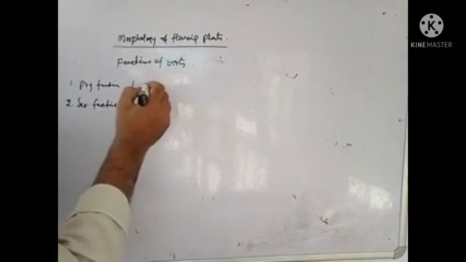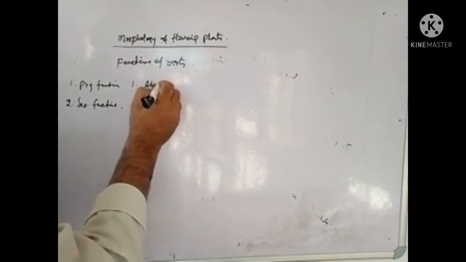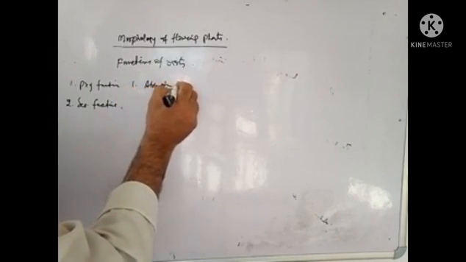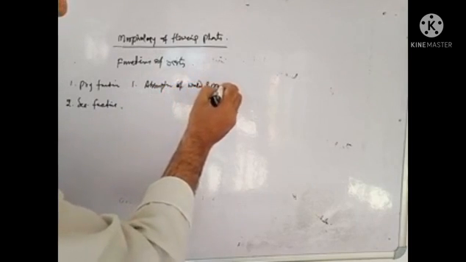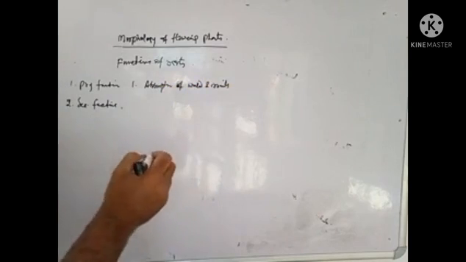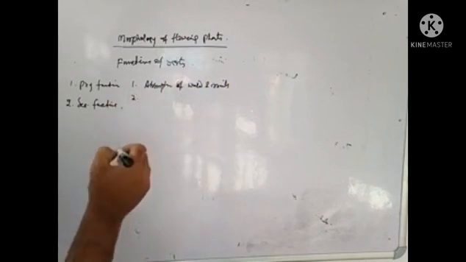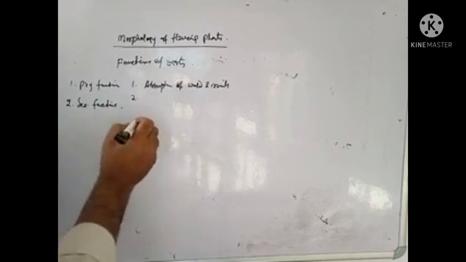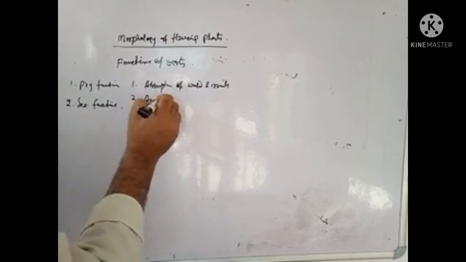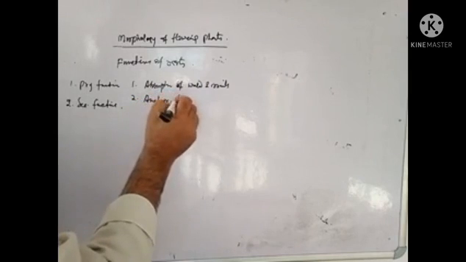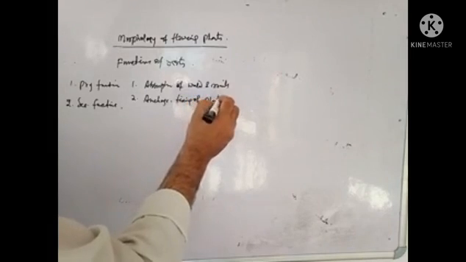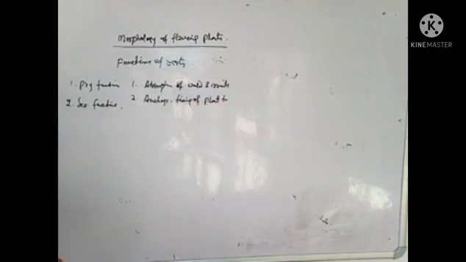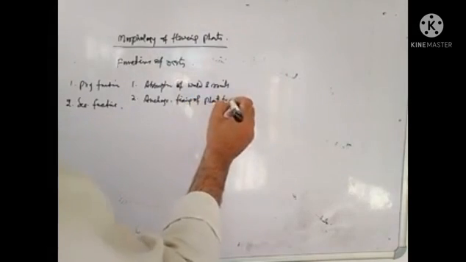Number first is absorption of water and minerals. And number second is anchorage, that is fixing of the plant to the ground.